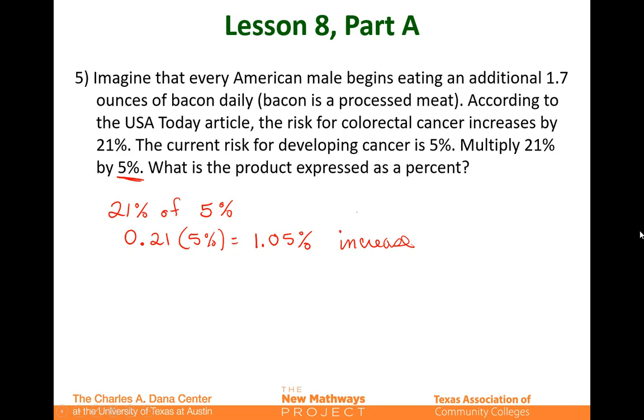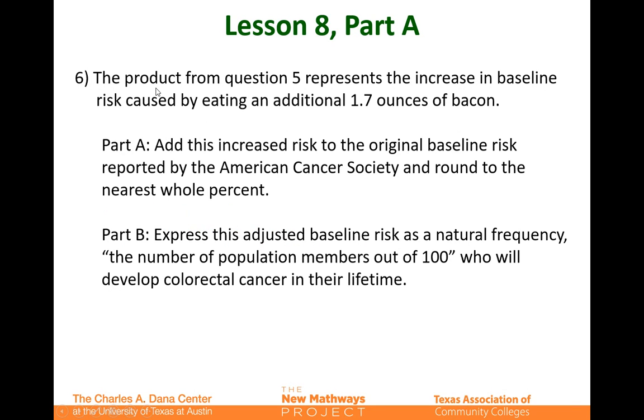So what's your new risk? It says product from question 5 represents the increase in baseline risk caused by eating an additional 1.7 ounces of bacon. Add this increased risk to the original baseline risk and round to the nearest whole percent. So our original risk was 5%, but if we increase that, our increase in risk was an additional 1.05%. But if we round that to the nearest whole number, it's going to be 6%.